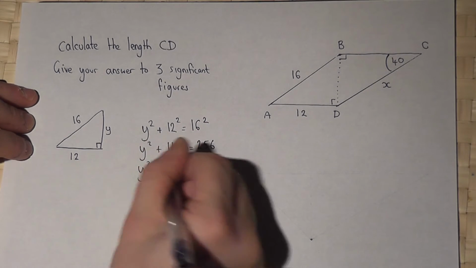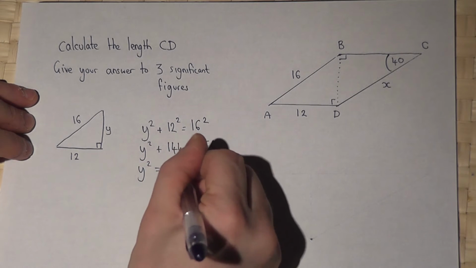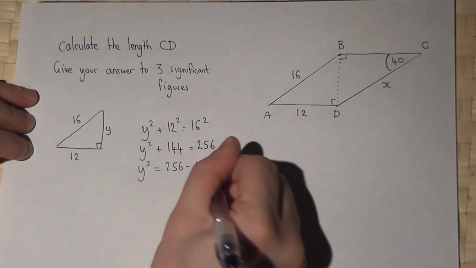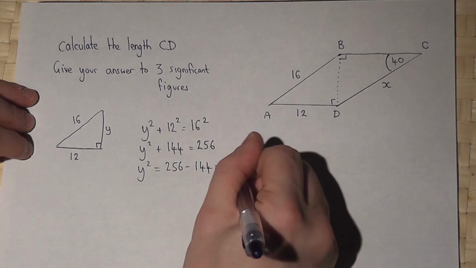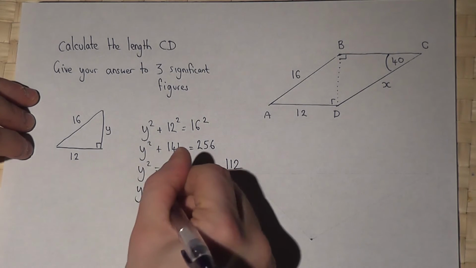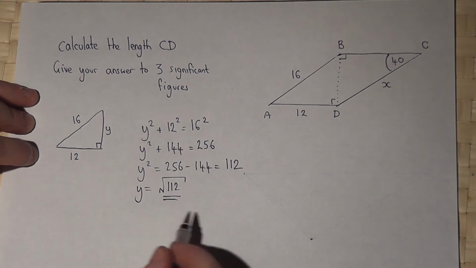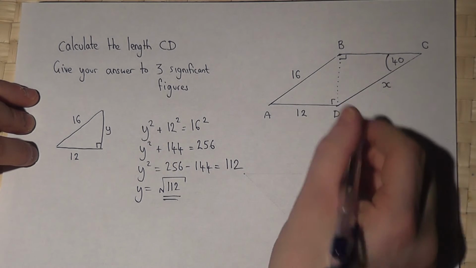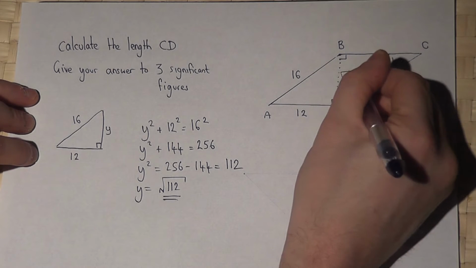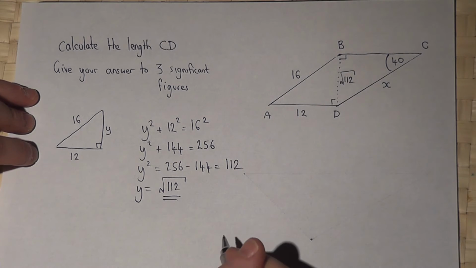So y squared equals 256, take 144, which is 112. So y equals the square root of 112. Now I will leave y as a surd. So I now know that this length here is root of 112.